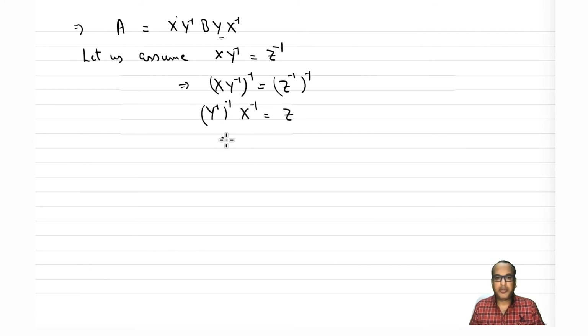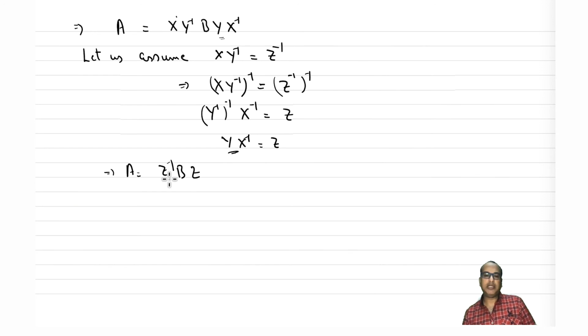So this becomes y x inverse. So this term becomes now equal to this. So this implies that A is equal to z inverse B z. So that means if x and y are elements of the group, z is also an element of the group because it is related by a product relation or combination relation. Thus A and B are proved to be conjugate of each other, right? So that should be very clear.